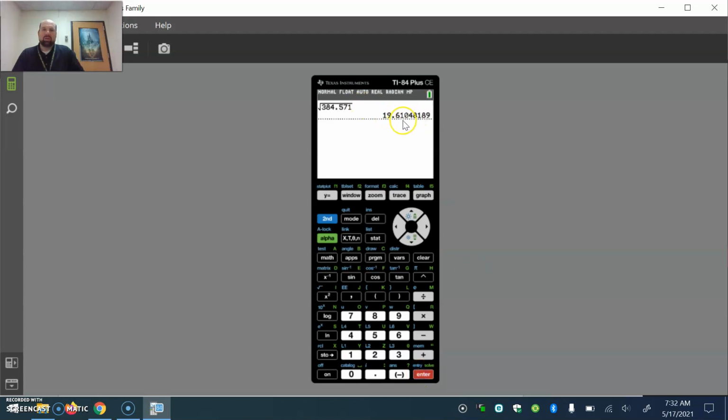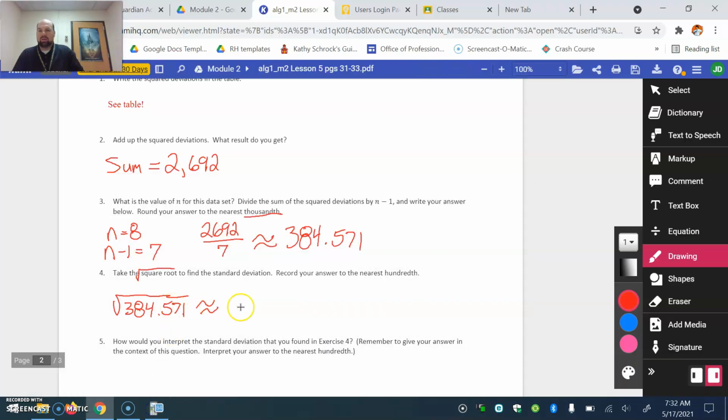I'm going to round it to the hundredths, so that's a 1. It's a 0 after it, meaning my answer is 19.61. And then this is hours. That's our label, hours.